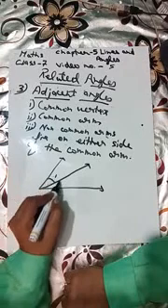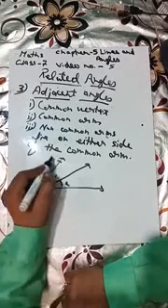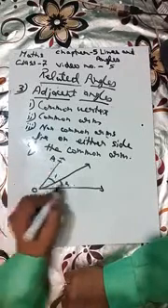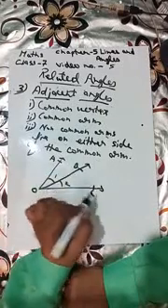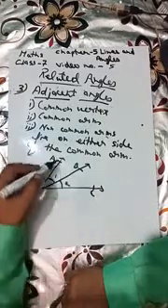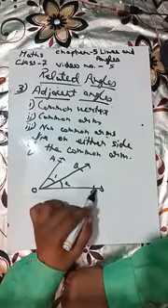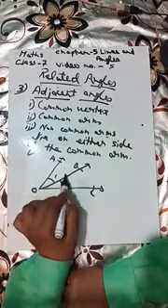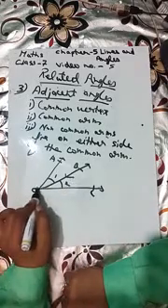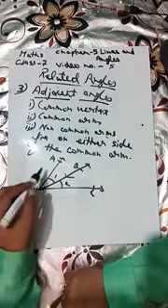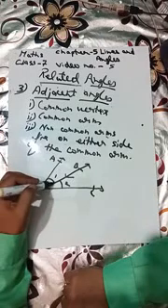See, this is angle 1 and angle 2. This is A, O, B, this is C. Angle 1 is what? AOB. And angle 2 is what? COB. The common arm is this. They have a common vertex, this. The non-common arms are these.